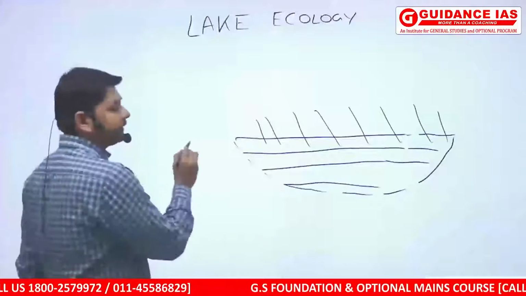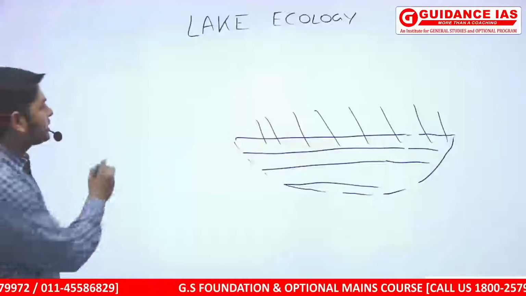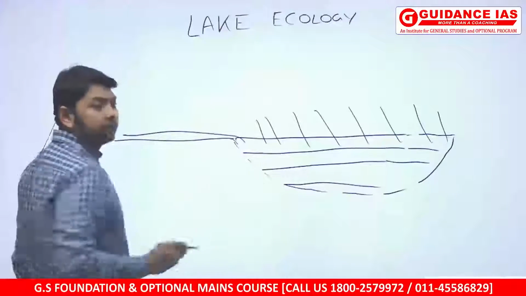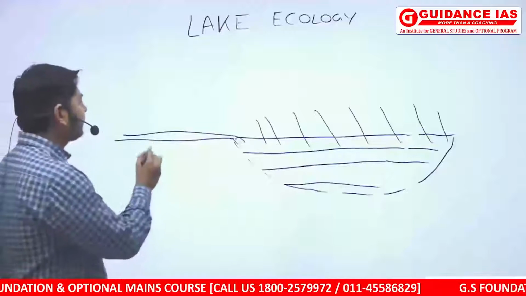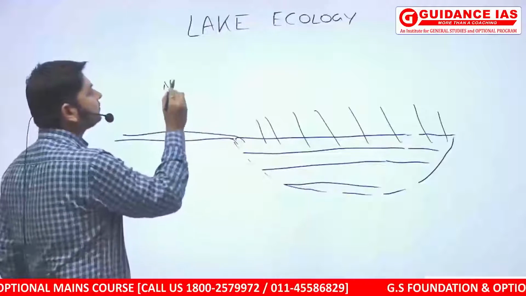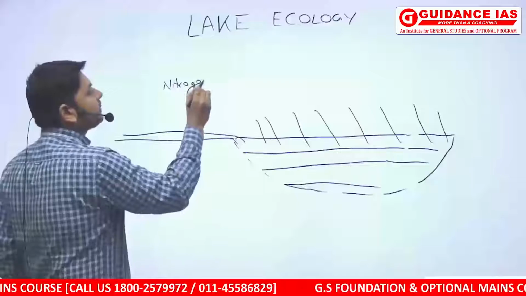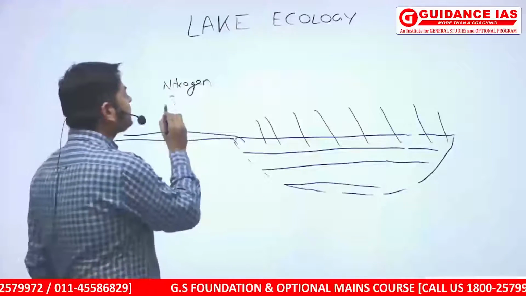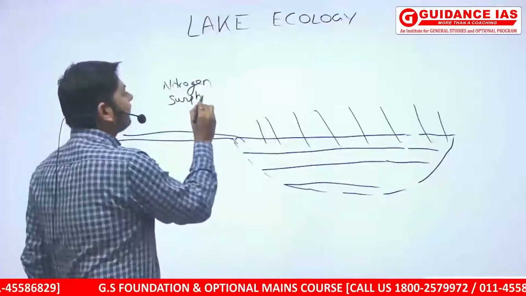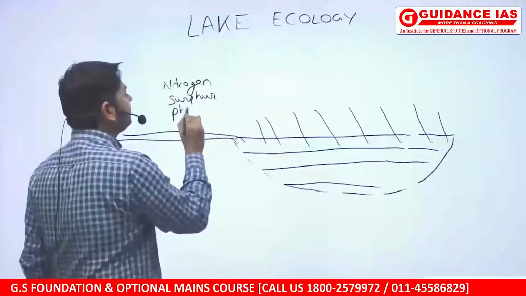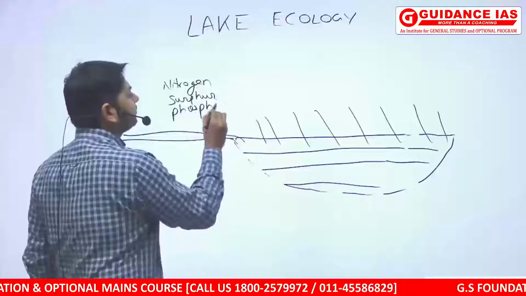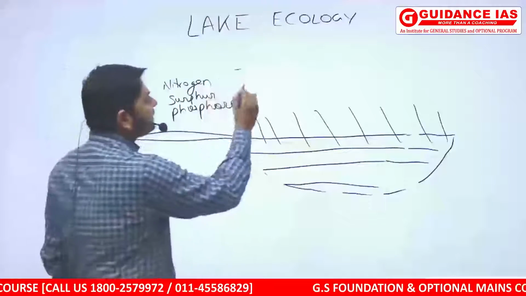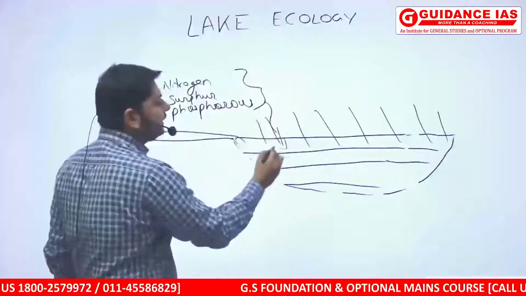Now, if some stream or some industrial effluent is connected to this lake, then nutrients like nitrogen, which is present in fertilizers, and also sulfur, phosphorus, etc. Now, these nutrients get inside the lake.